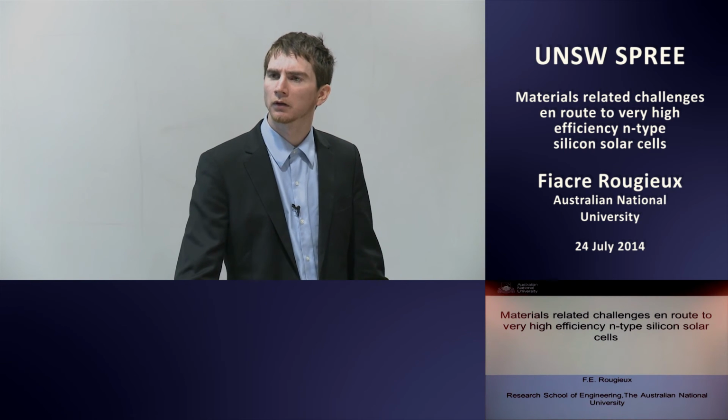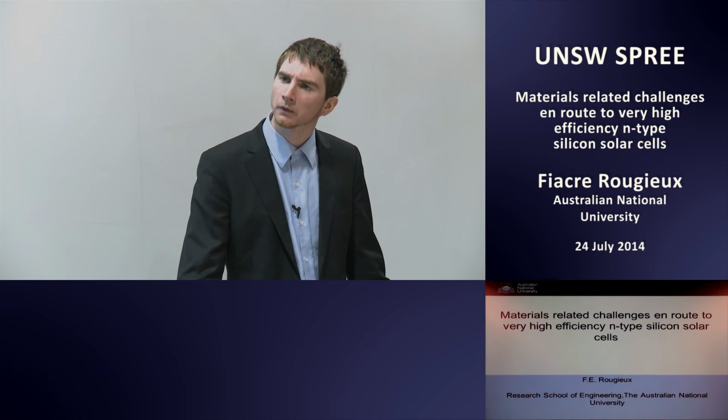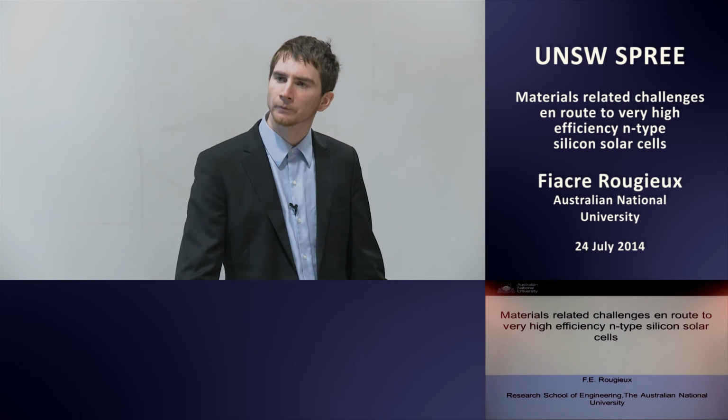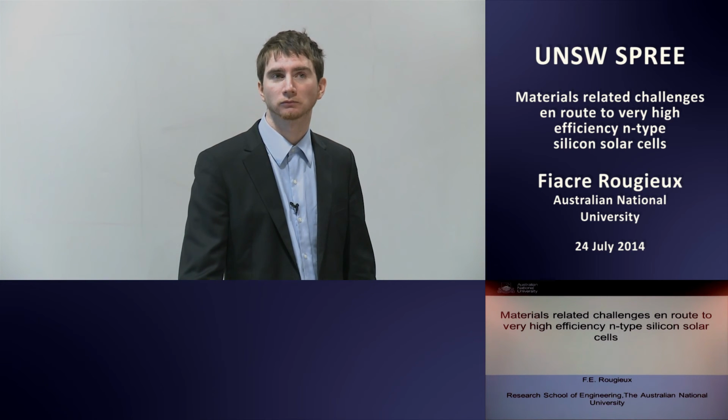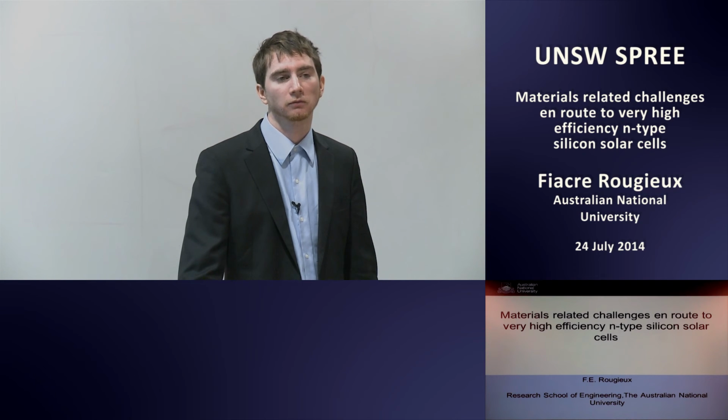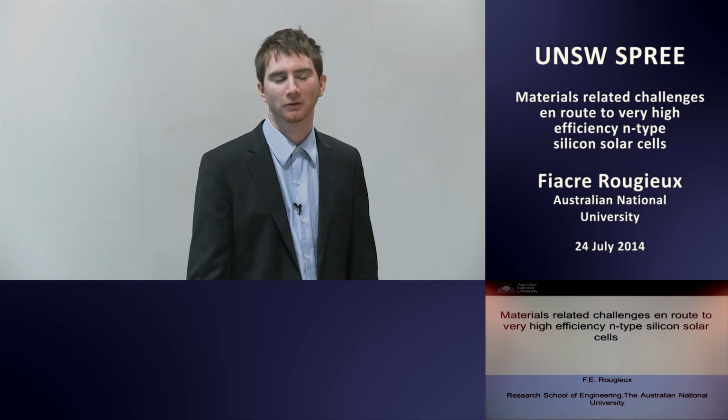Could ingot growers potentially decide to hold the ingot at 370, 380 for half an hour before they actually cool it down further to completely get rid of this defect? That's a good point. That could be something that's done, and it could be a solution.